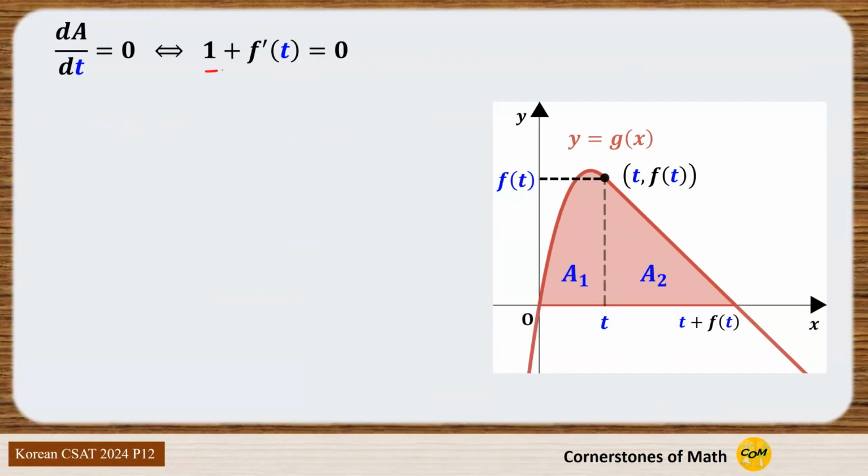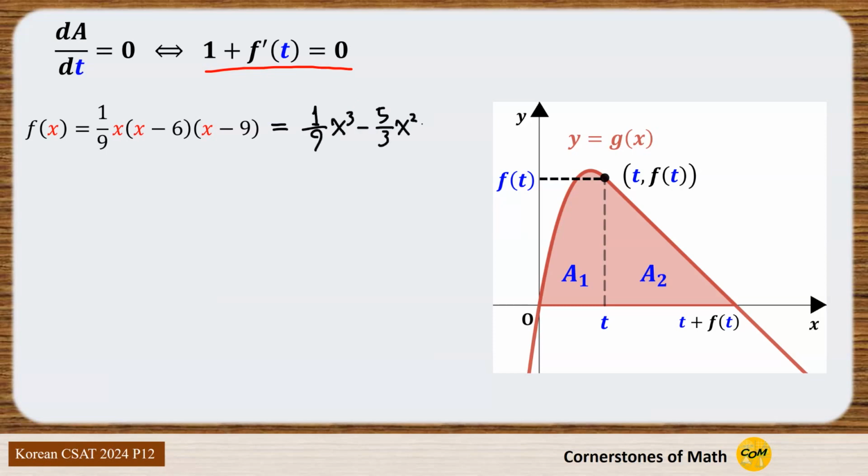So we have obtained this condition, and now we finally use this expression for f(x). So first we expand, then we obtain the derivative of f(x), which is 1/3 x squared minus 10/3 x plus 6.